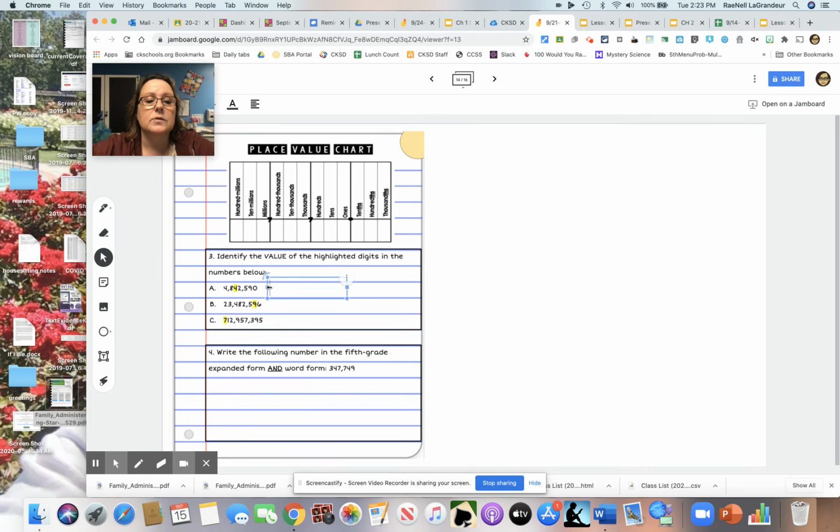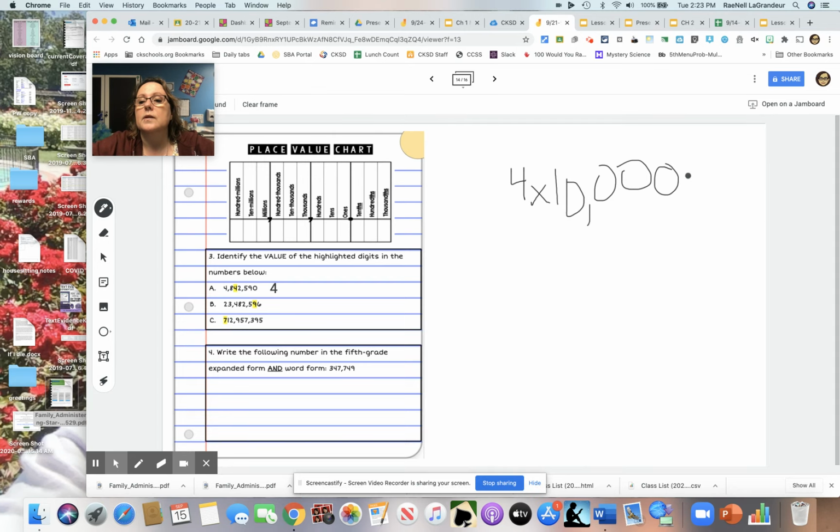So I'm going to go ahead and enter a text box. So I know that 4, and you don't have to actually do this part. You could write over here 4 times 10,000 to help you out if you needed to in your scratch work. It's really sloppy on here. And I know that is equal to what I'm going to write here.